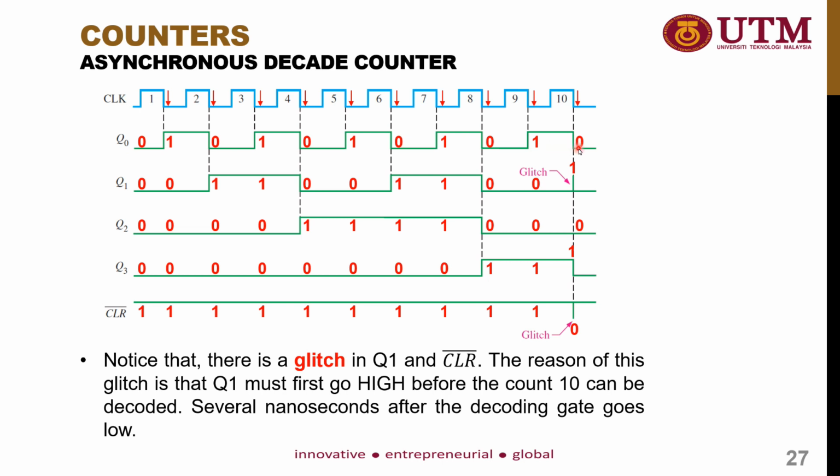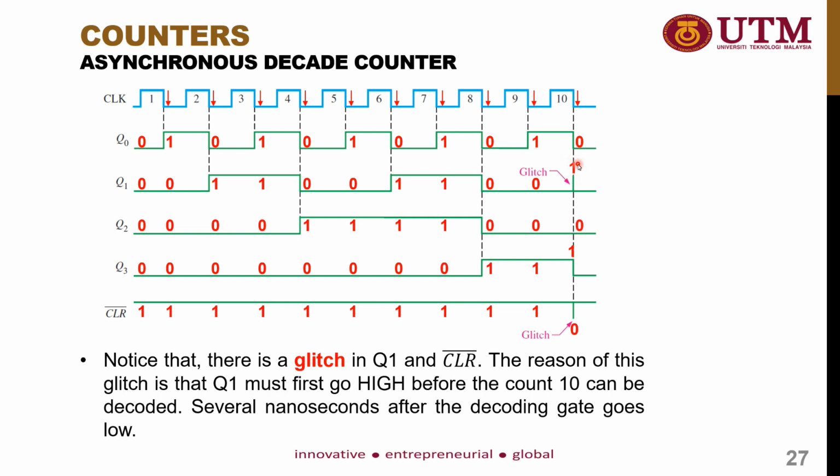And at the same time, Q1 will also toggle because the output of Q0 bar in this situation will change from 0 to 1.